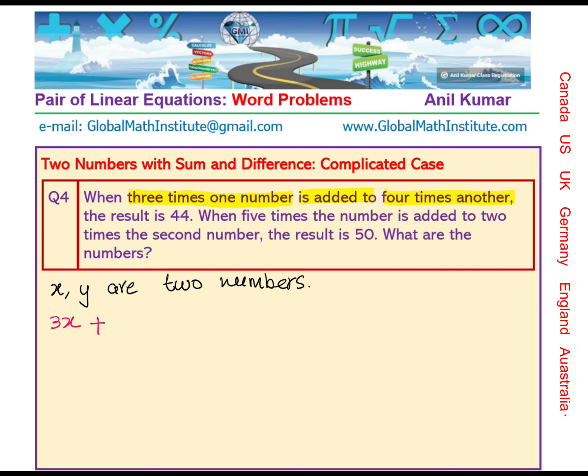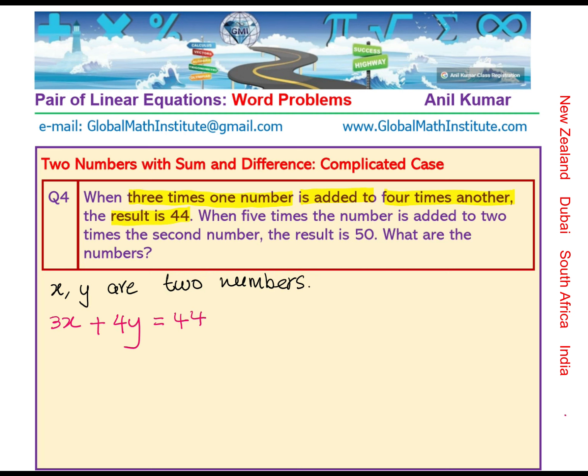So we get what? 4 times another number. The result is 44. The result is 44 means equal to 44. Do you see how simple it becomes? So read carefully, divide your sentence into small phrases, write expressions, relate as an equation. That becomes our complete strategy.